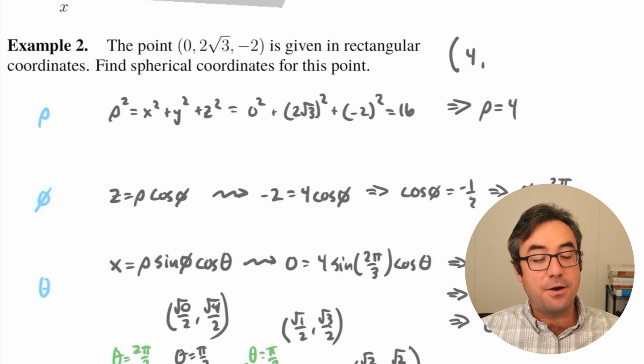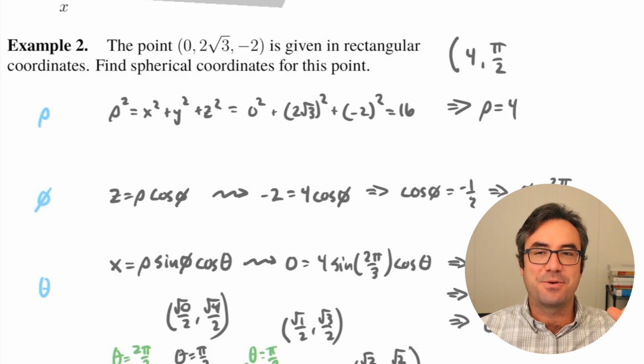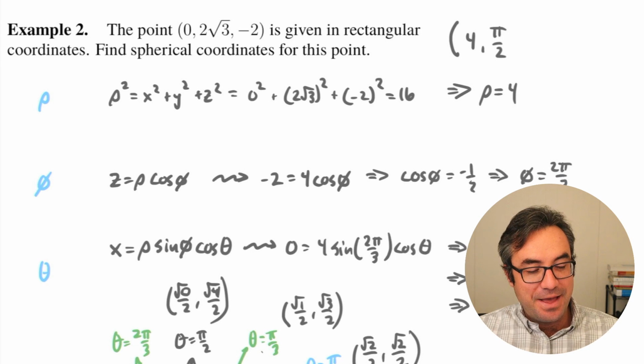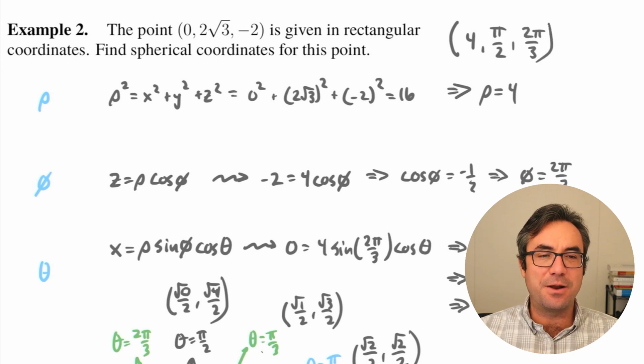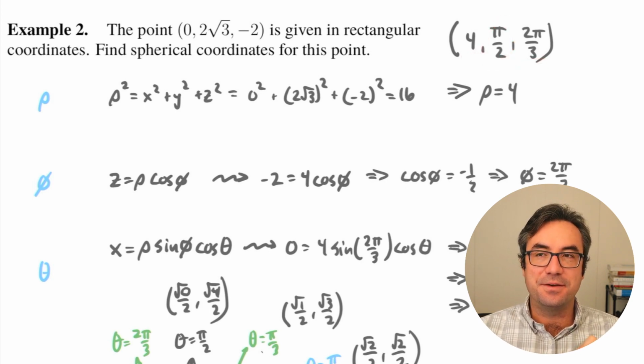We found pi over 2 for theta, and then 2 pi over 3 for our phi. And we put them in that order. So rho, theta, and phi.